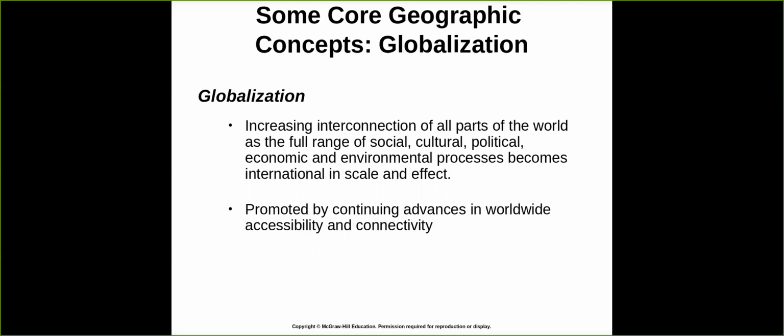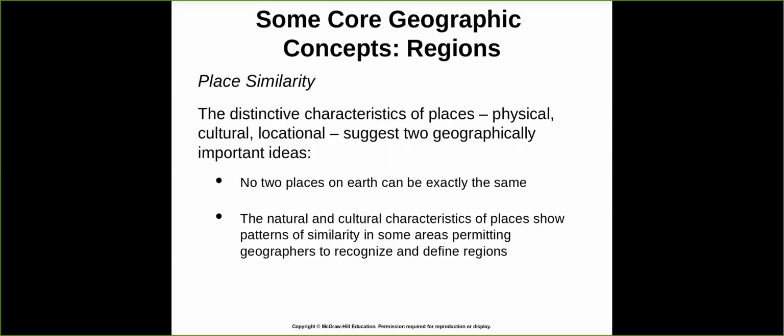But it's the notion that the globe is an interconnected system, or system of systems, and that we have this increasing interaction between various peoples and populations globally as modern communications and transportation technologies have made movement of ideas and people and things much easier over time.